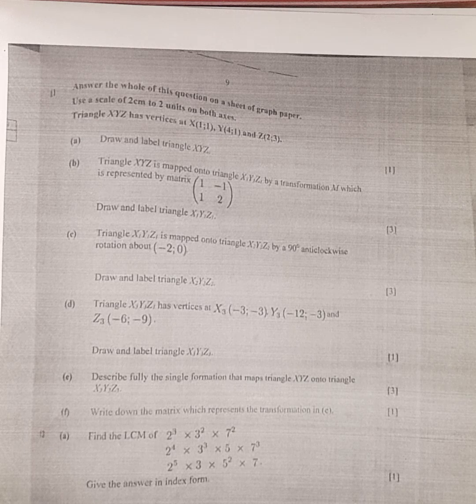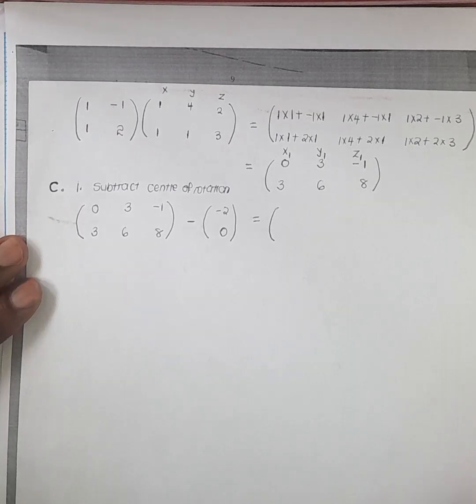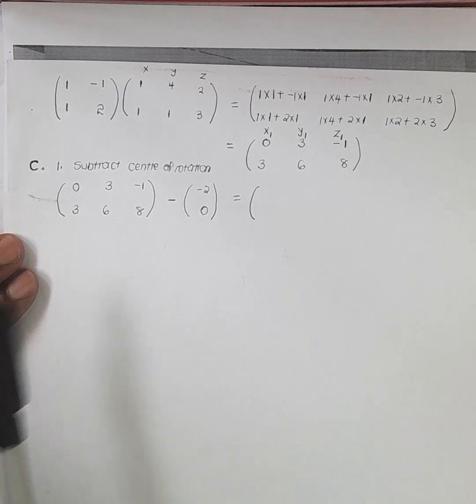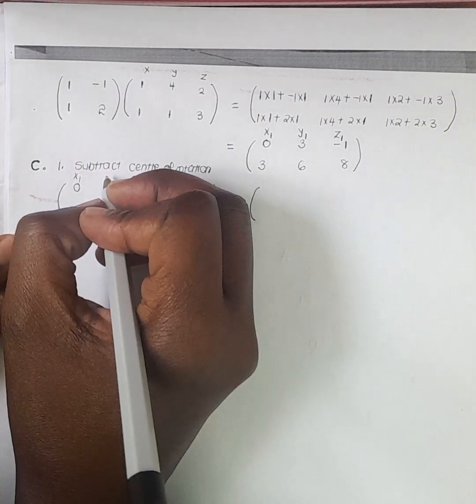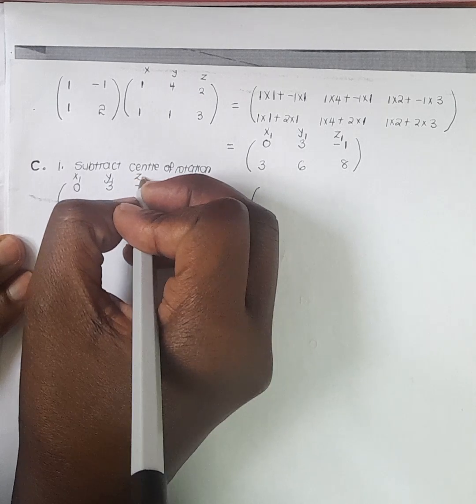What we need to do is first subtract the center of rotation, so that we rotate as we would for a 90 degrees anticlockwise rotation about 0, 0. And then after that, we add back the center of rotation. So we subtract the center of rotation from all 3 coordinates. This is our x1, y1, z1, right?